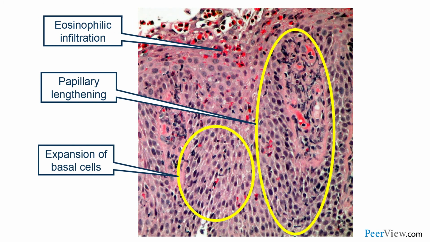However, in his pathology, it would look like this. He has a lot of eosinophil infiltration here. This is what on endoscopy you see as white exudate or what's sometimes called eosinophilic abscesses. And then the papillae are way up there. They're not just 50%. And the basal layer is heaped up 5 or 6 layers here.